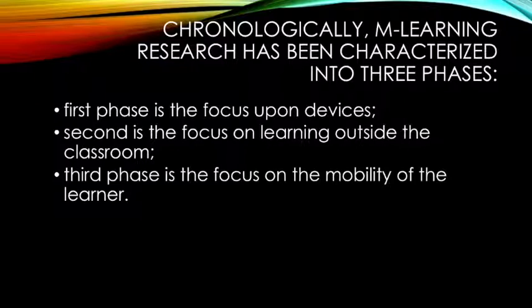This is actually the main idea of mobile learning, because when you say mobile learning, it's something that you can mobilize, that you can bring anywhere, you can learn everywhere. And the third phase is the focus on the mobility of the learner. So how is that student going to manage his or her time to learn what you're going to teach, right?